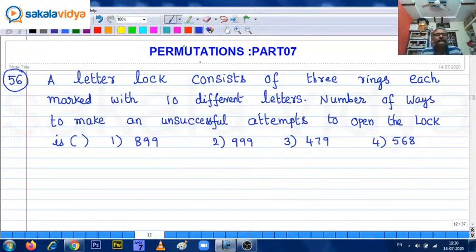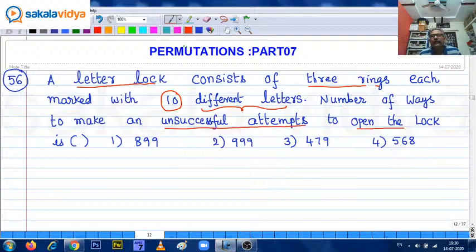Right, let us see. A letter lock consists of three rings, each marked with 10 different letters. The number of ways of unsuccessful attempts to open the lock. That means here we have three locks: first lock, second lock and third lock.